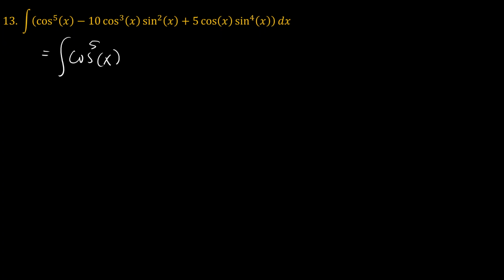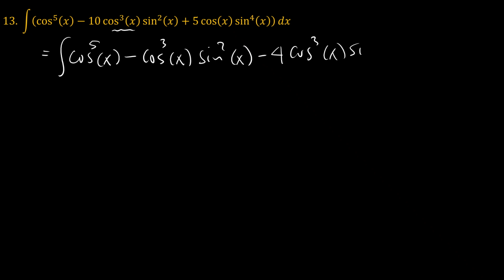So we have cosine to the power 5 x minus part of this, which we shall bring here. We have cosine x to the power 3, or cosine cube x, sine squared x, and then we shall keep 4, and you will see what we're trying to do here in a minute.